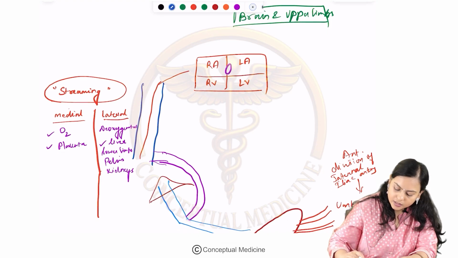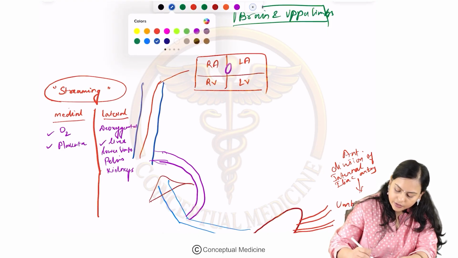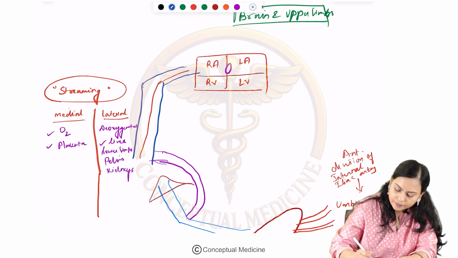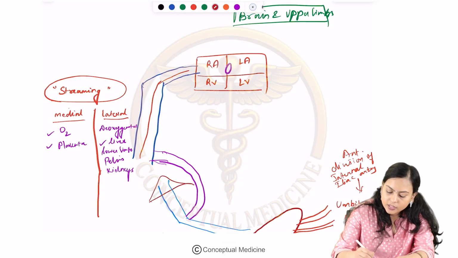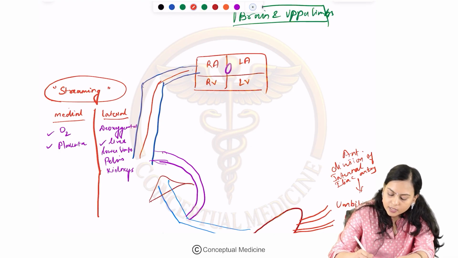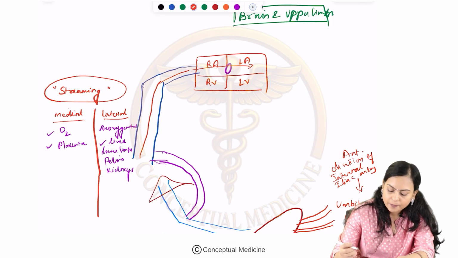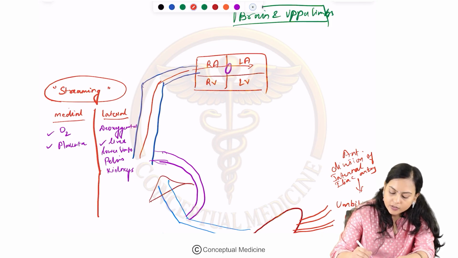Now this blood from the inferior vena cava is reaching the right atrium. In the right atrium, most of the oxygenated blood goes via this foramen ovale and reaches the left atrium, and some of the deoxygenated blood, which I will mark in black color, is reaching through the right ventricle.